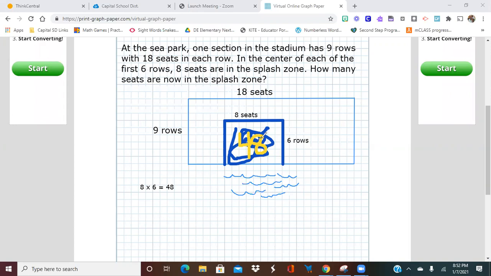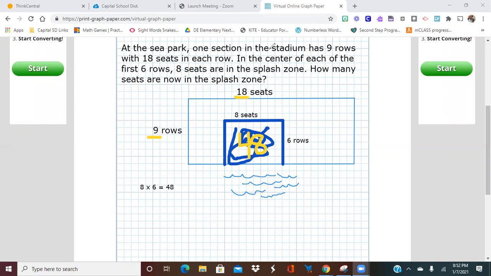To find out how many total seats are not in the splash zone, first we need to find out how many seats altogether are in this auditorium. So I have my 18 seats in a row and my 9 rows. To find out how many total seats are in the stadium, I am going to multiply the 18 seats times 9 rows. So I'm going to multiply 18.